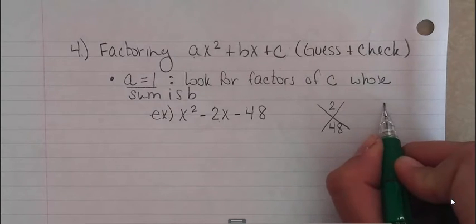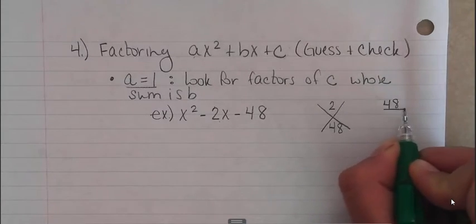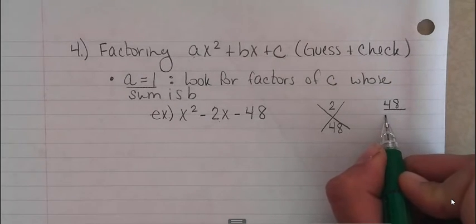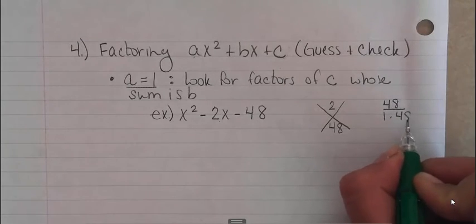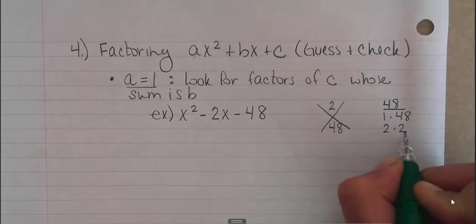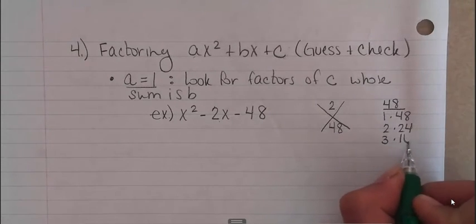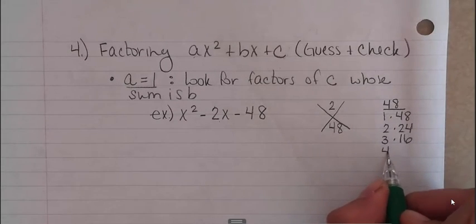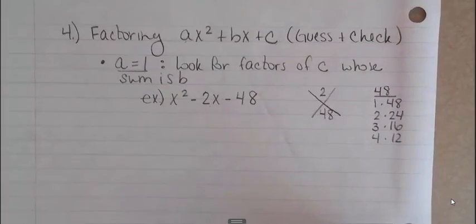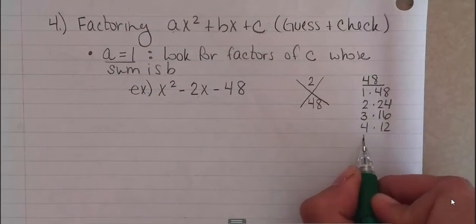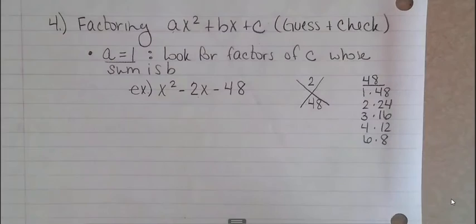Well, that's when I come over here to the side and I list them all. So we've got, let's see, 1 and 48, 2 and 24, 3 and 16, 4 and 12, 6 and 8. I think I got them all.